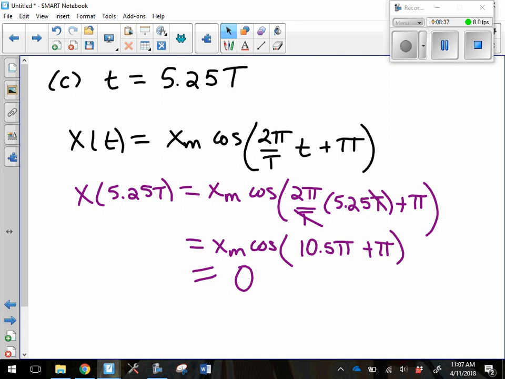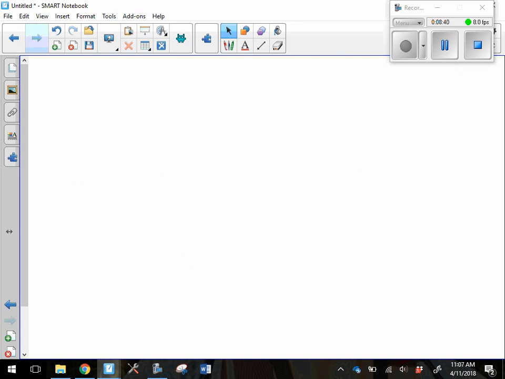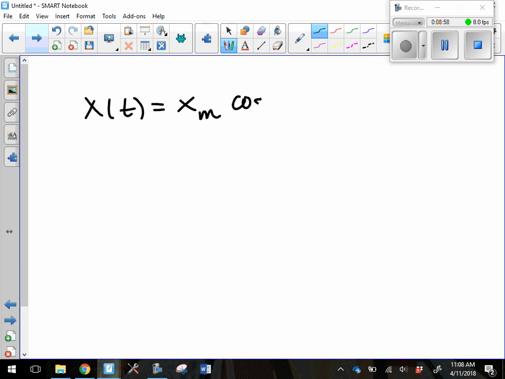All right. So with all the other kinds of motion that we've encountered, we've always been able to not only have an expression for the position, but we've always had expressions for velocity and acceleration too. And we can do that for simple harmonic motion as well. So I have my generic formula here for a simple harmonic oscillator.